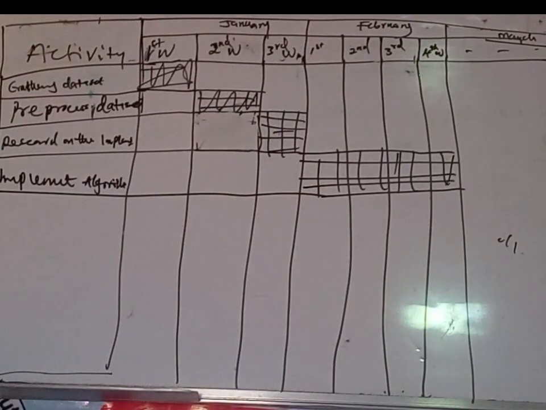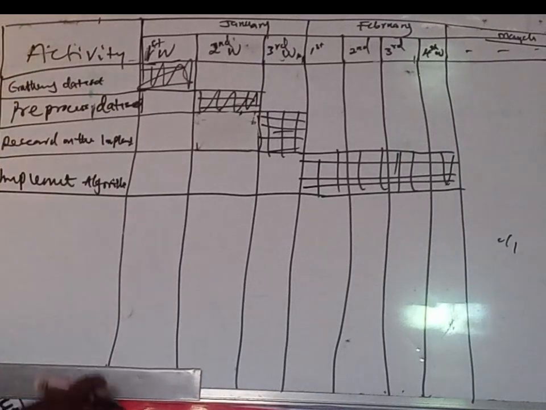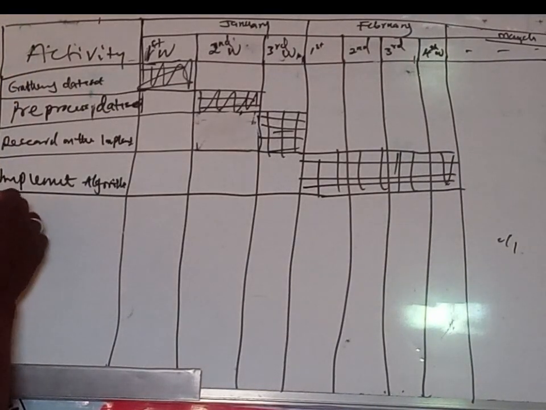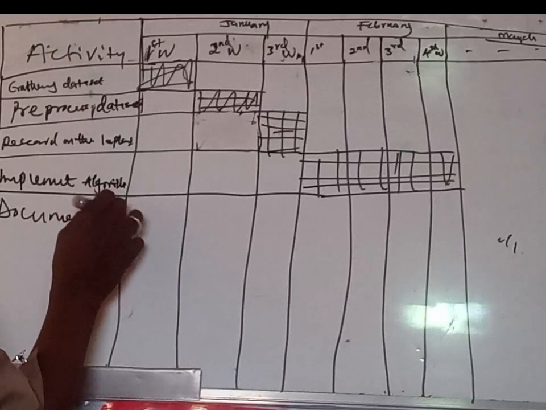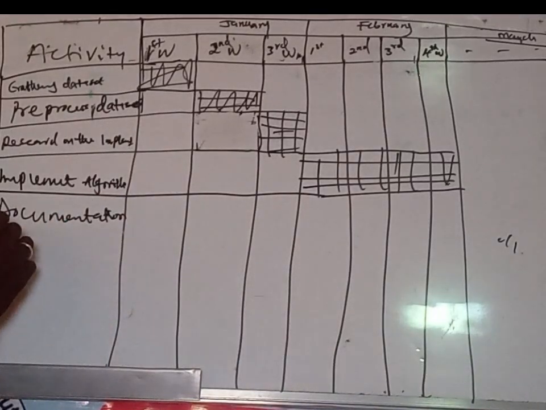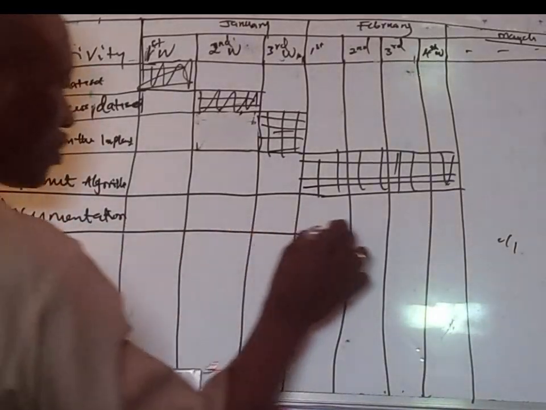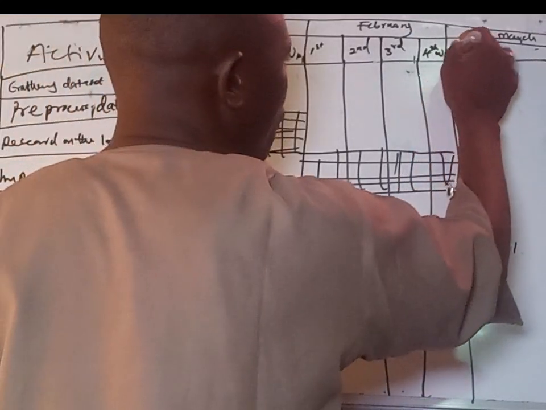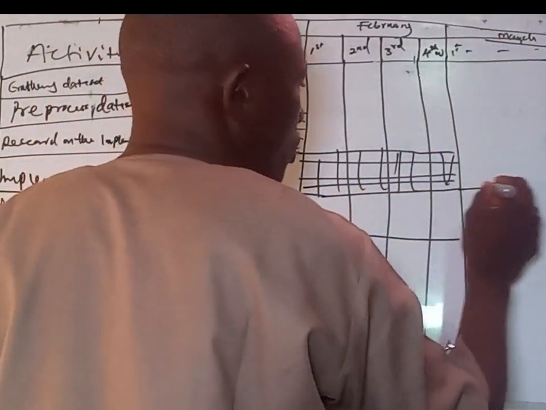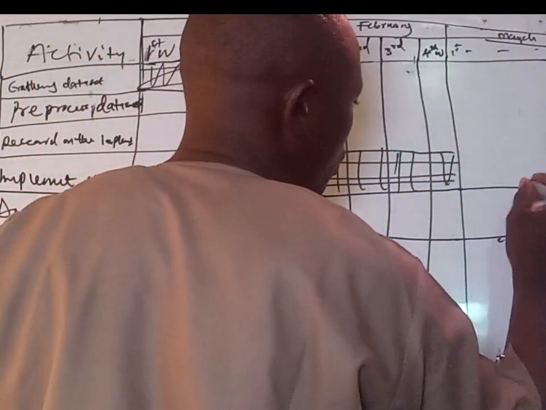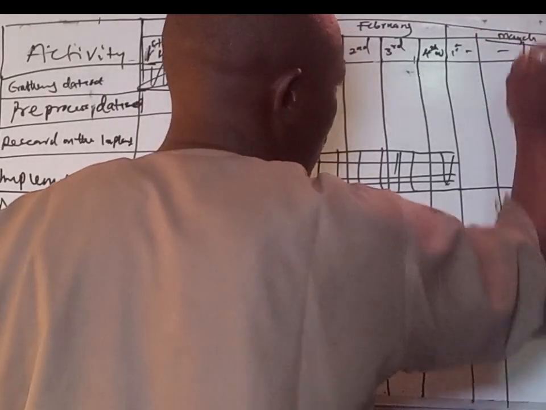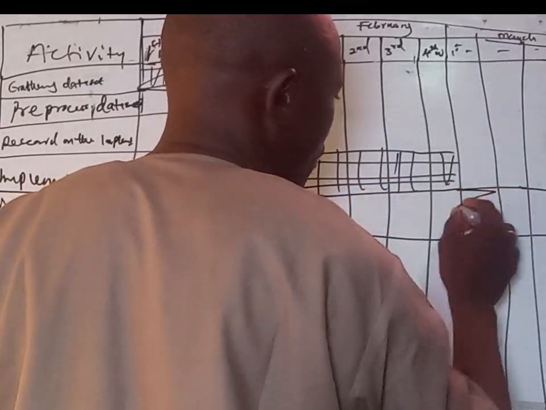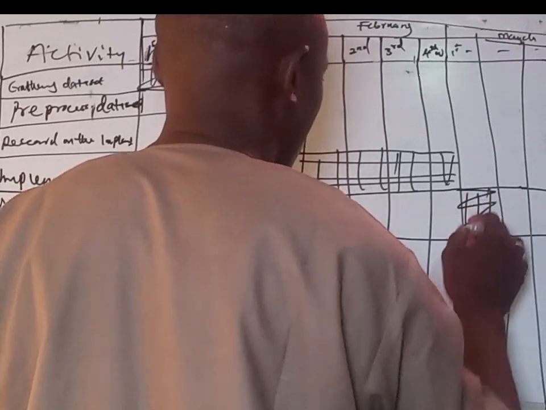So the next one is like you are going to have documentation. So your documentation will take charge of this. Let's assume we have first week in March. So it will take the whole of the first week for documentation.